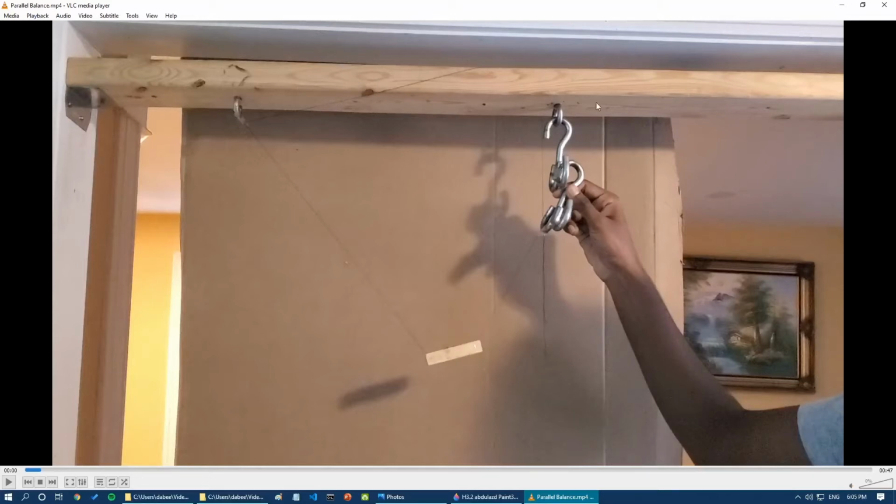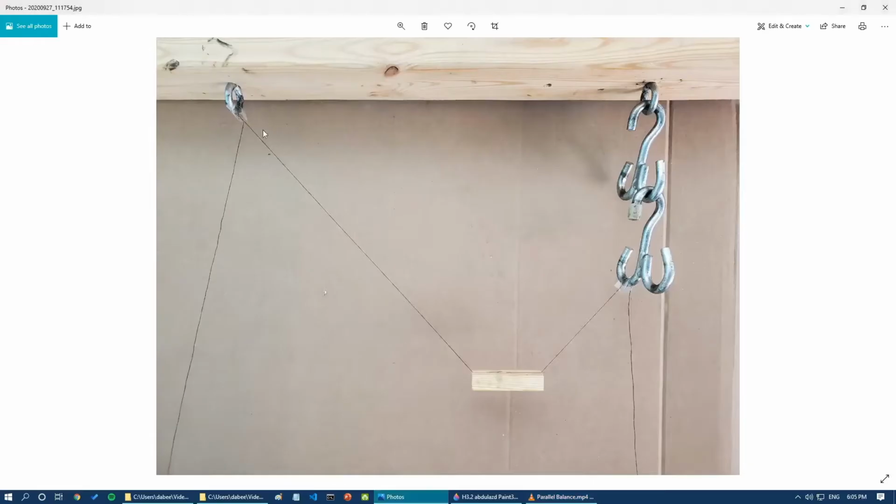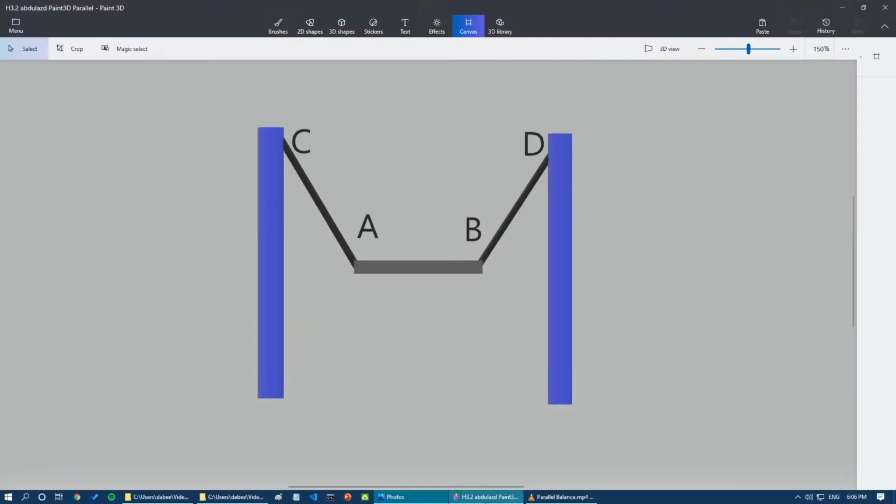But anyway, there's that wooden beam, and then we have these two ring fixtures, and we also have a couple of these hooks, and some tape in order to fix the string to the ring fixtures and to the hook so that the ropes could be of a constant length, which is something that I kind of implied in this setup.